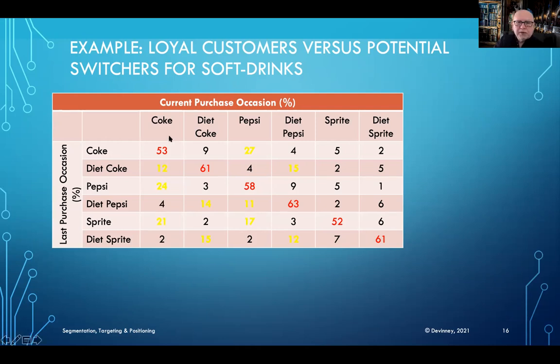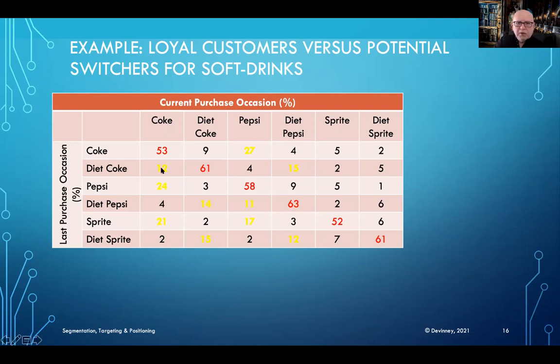I can look at this information and see amongst the reds, which are on the diagonal, these are the loyal from one purchase occasion to another. So if they purchased it last week, they purchased it this week, they purchased it yesterday, they purchased it today.